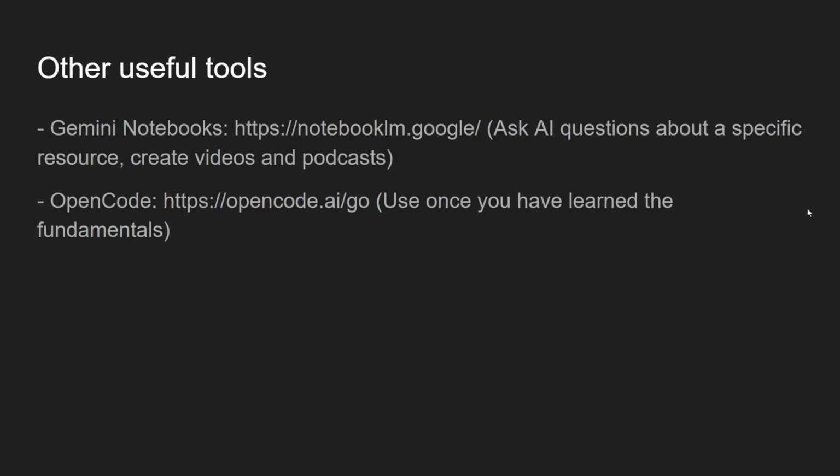Okay. Again, finally, other useful tools. I recommend Gemini Notebooks. Gemini Notebooks is an AI tool that lets you upload some content into the AI, and you can ask questions about that particular content.